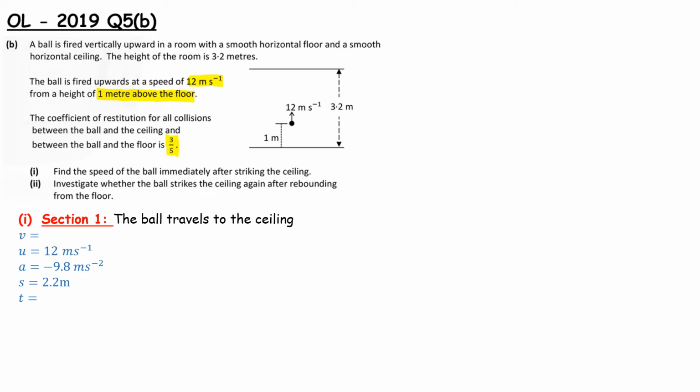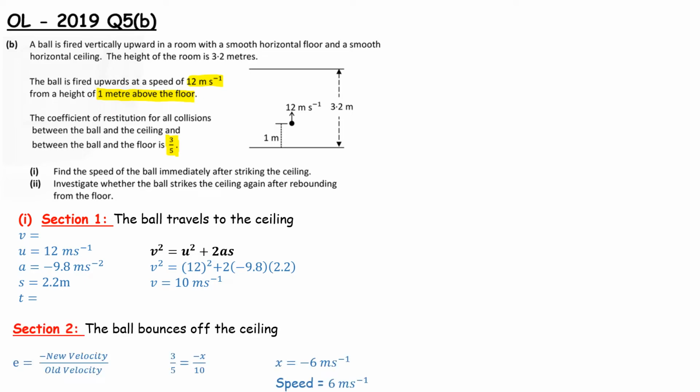We're going to try and understand the speed as it hits the ceiling, so we use V squared equals U squared plus 2AS. Subbing that in, we work back and get 10 meters per second in our round. It rounds to 10, so we'll have a little bit of rounding because we're using 9.8 rather than 10 meters per second squared for acceleration.